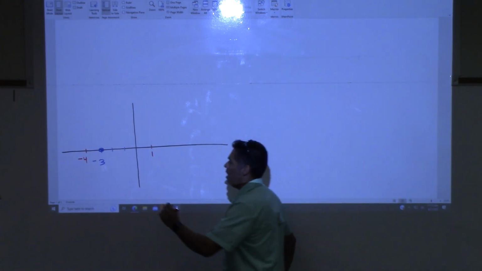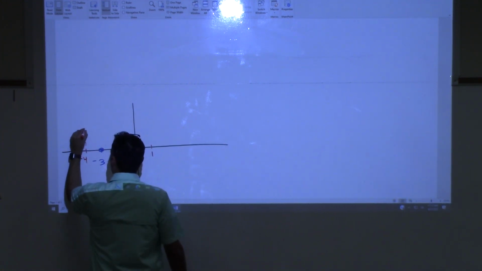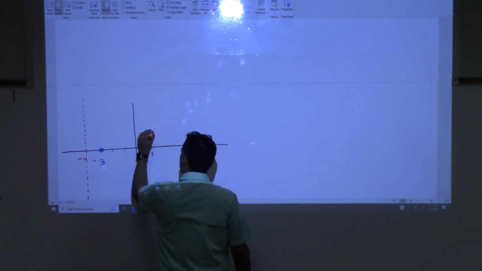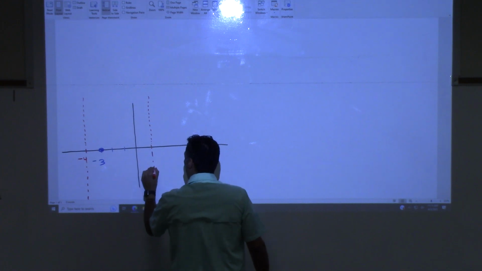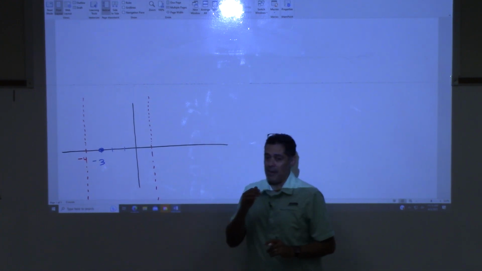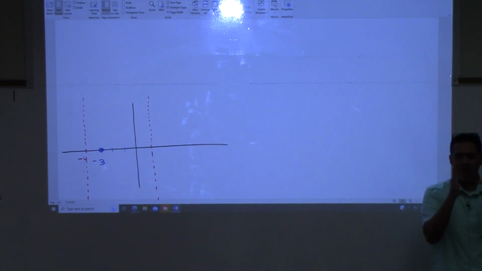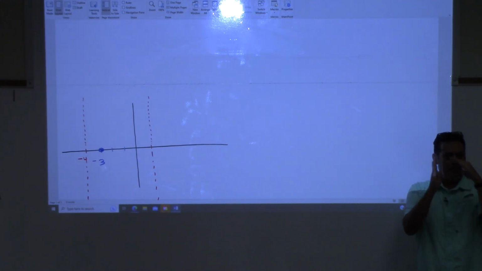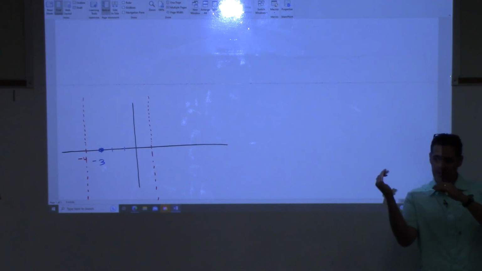I'm going to draw vertical dotted lines. These vertical dotted lines are not part of my graph, but they help me in drawing the graph because my graph cannot cross those. They're barriers. So when my graph gets to them, it either has to turn up or go down on each side, all right?